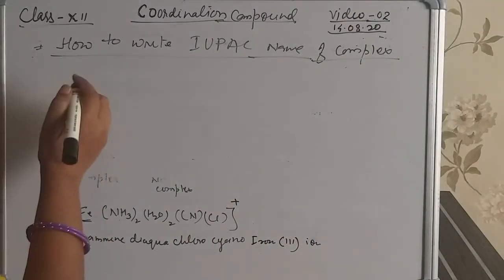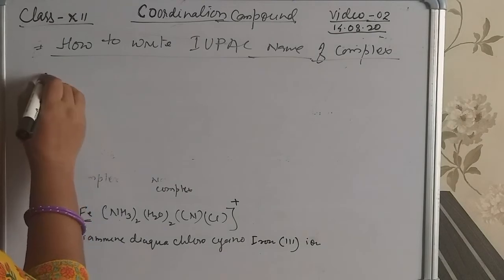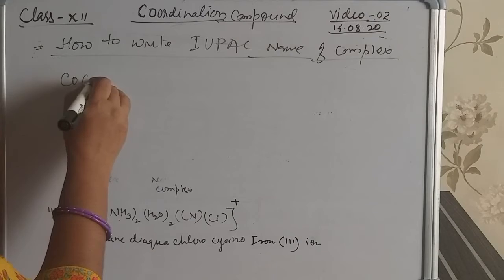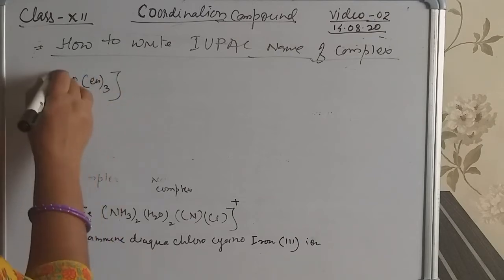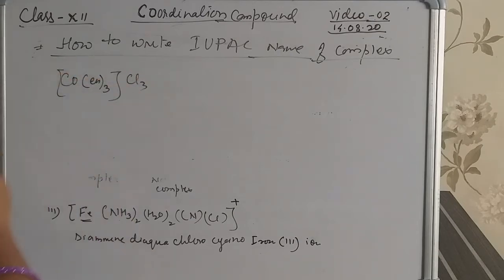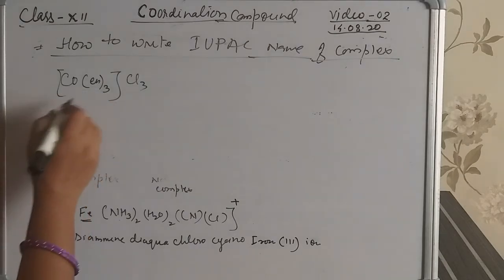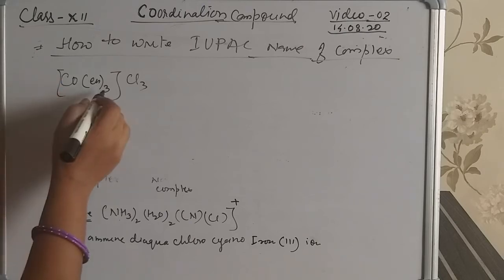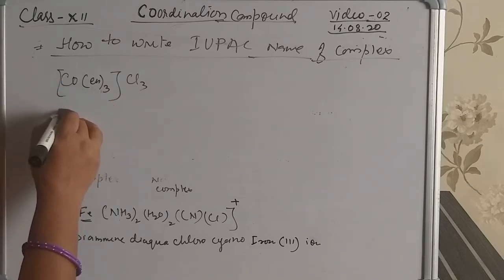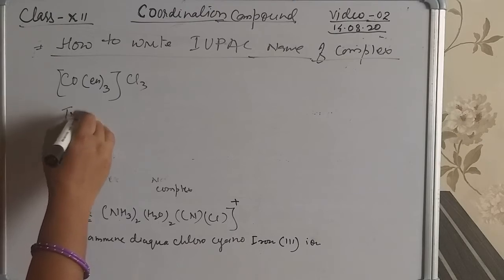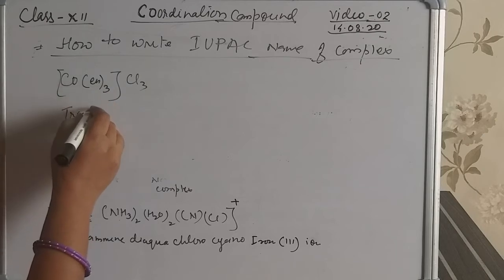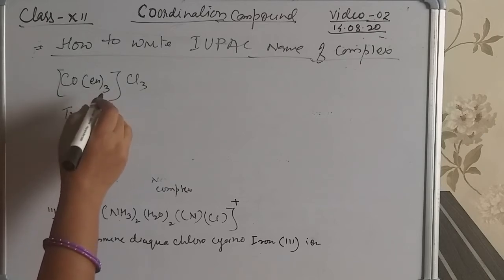Next one: suppose given here is [Co(en)3]Cl3. At first we write, because there is no metal atom present outside the coordination sphere, so directly we use tris. 3 for this ligand, tris. If 2, then bis is used. For 3, tris.